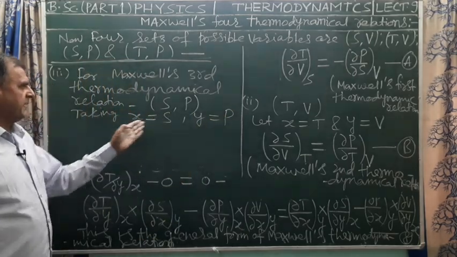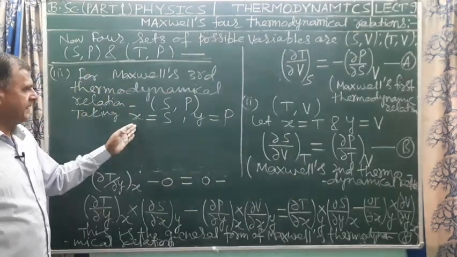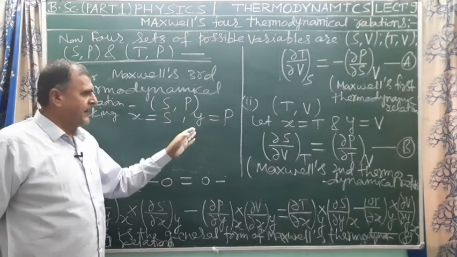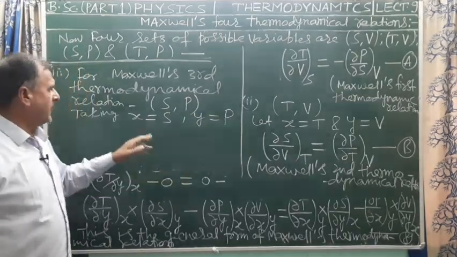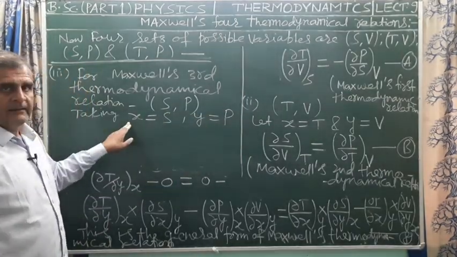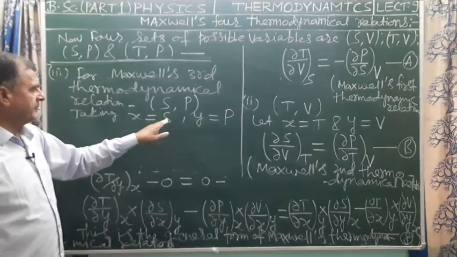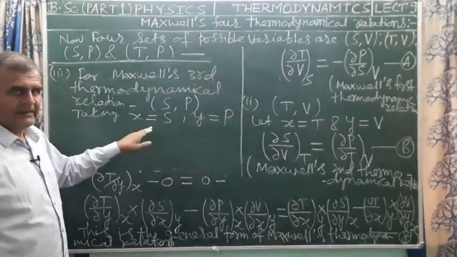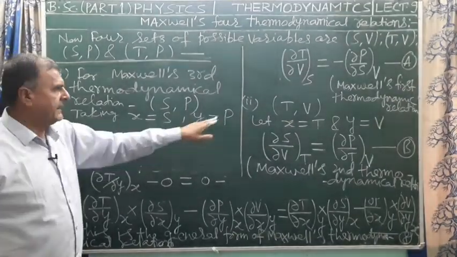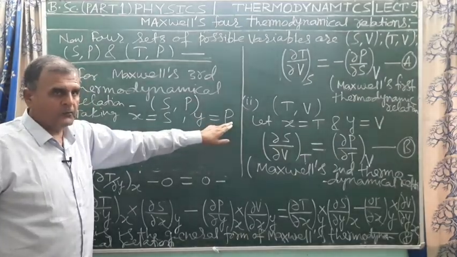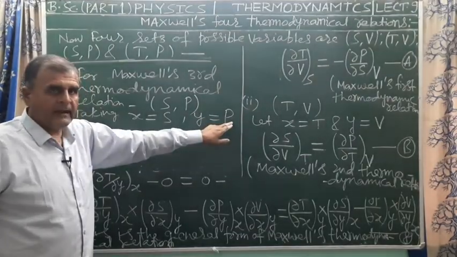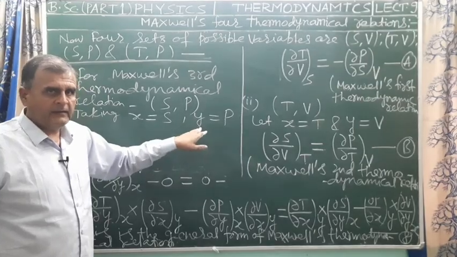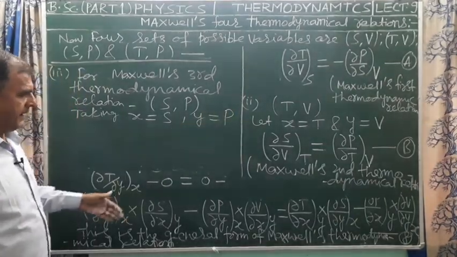Then del S upon del x at constant y equals 1 and del P upon del y at constant x equals 1, but del S upon del y, the partial differentiation of entropy S with respect to y at constant x, equals 0, and del P upon del x at constant y will also equal 0.